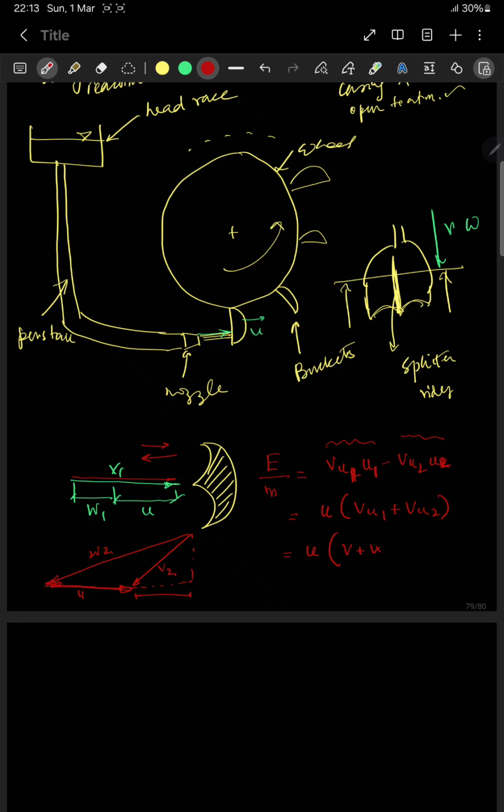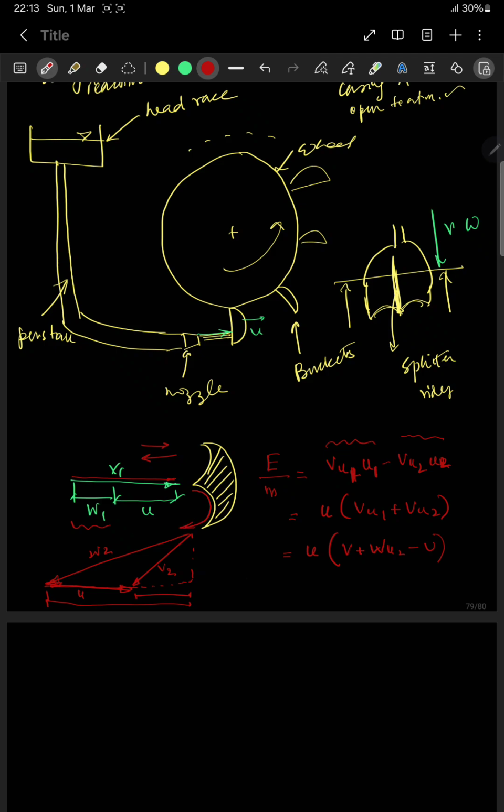This can be written as w_u2. This is w_u2 minus u. This is w1. This is the velocity of the fluid with respect to the blade. W1 comes from here, goes around and moves out from here, right?